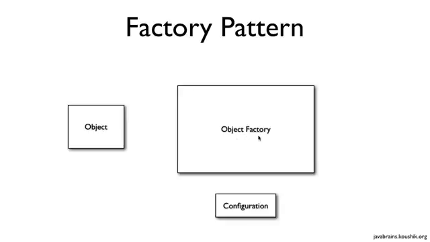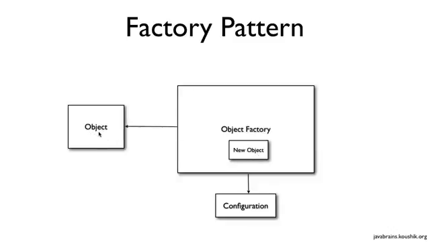So this object factory reads from this blueprint, and then this object will say, hey, I need an object of such and such a specification. The object factory finds out what is the blueprint for that particular object specification, and then it knows what object needs to be created. So it's going to create this new object, and then it's going to hand it back to the requesting object.